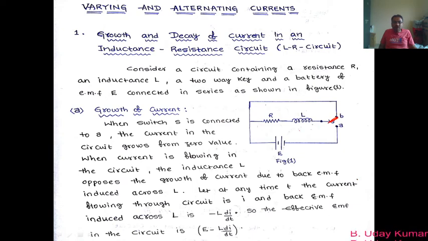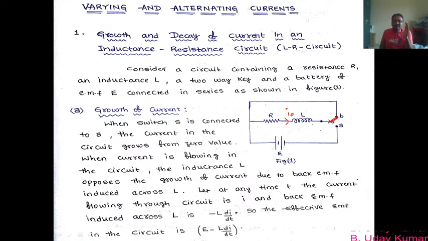Remember, in this circuit the current that is already flowing is maximum, because initially the switch S was connected to A. Let us assume that the current that was flowing in that circuit is maximum, which is taken as I0.